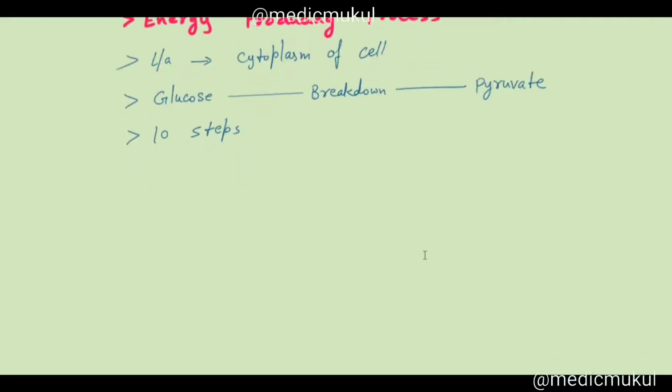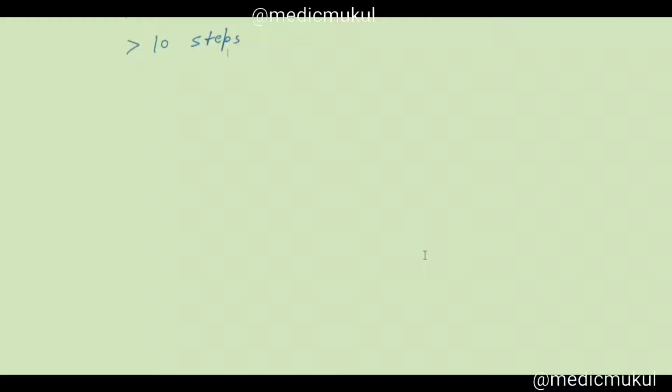Before going to glycolysis, we need glucose. So where will this glucose come from? It comes from the glucose transporter. The glucose transporters carry the glucose into the cell.